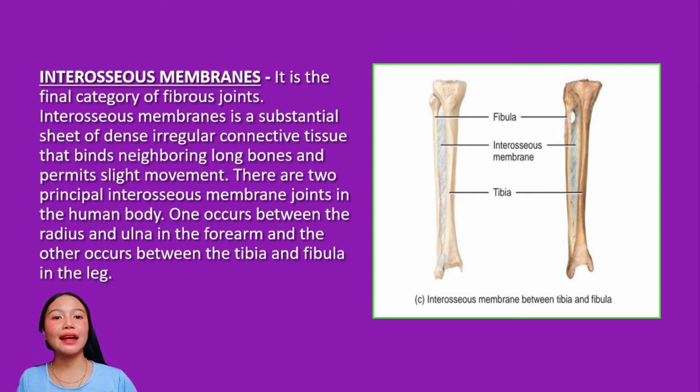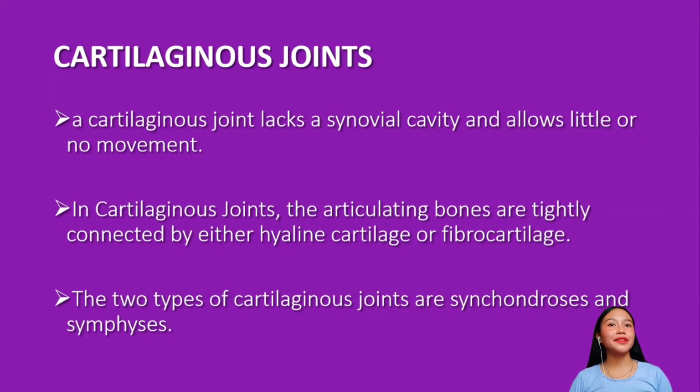So it means that functionally, interosseous membranes are considered as amphiarthrosis also. There are two principal interosseous membrane joints in the human body. One occurs between the radius and ulna in the forearm, and the other occurs between the tibia and fibula in the leg.